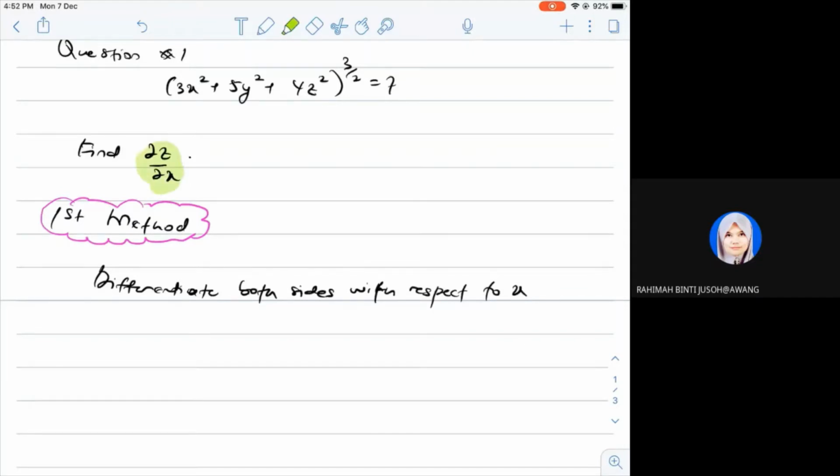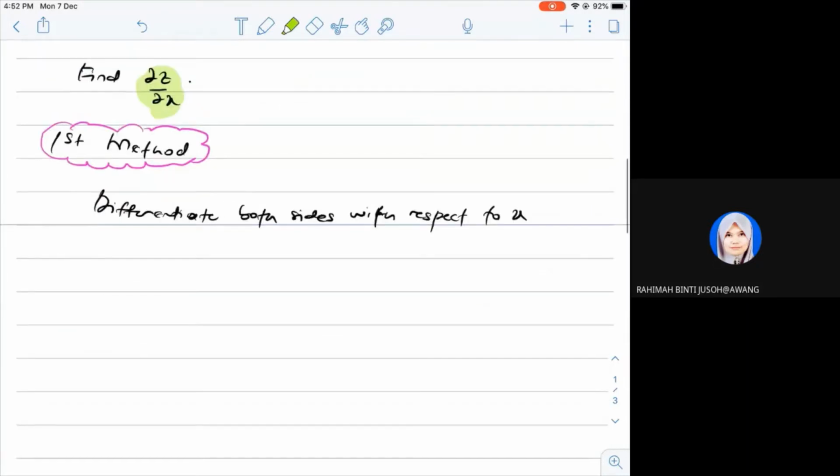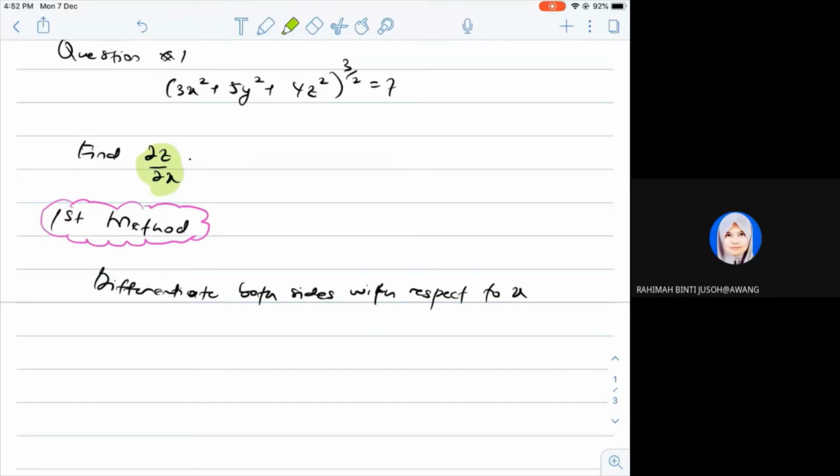So in this case, when we differentiate with respect to x, for this first method we consider two variables, x and z. So in this case y becomes a constant, because the question wants del z del x.